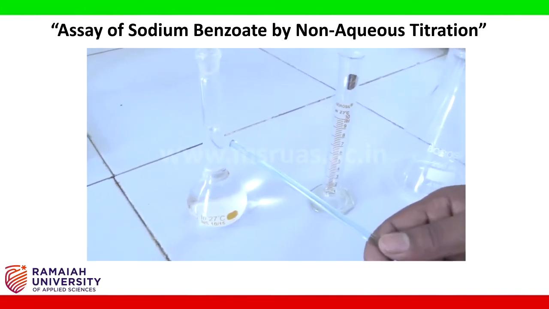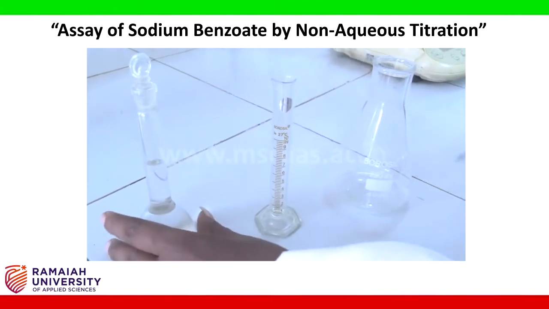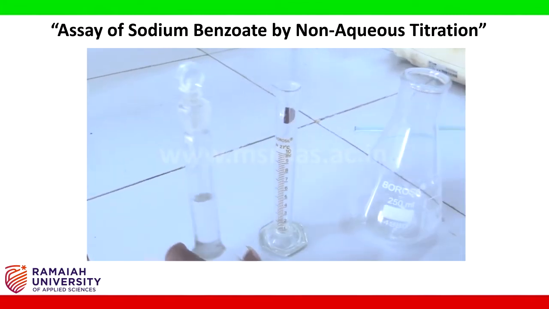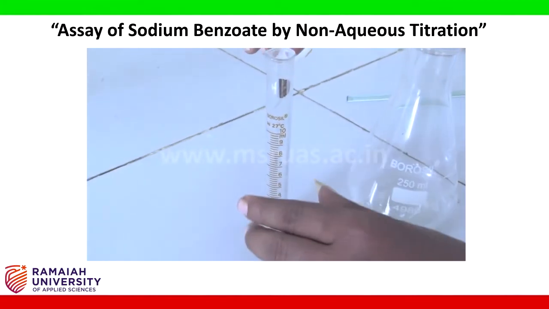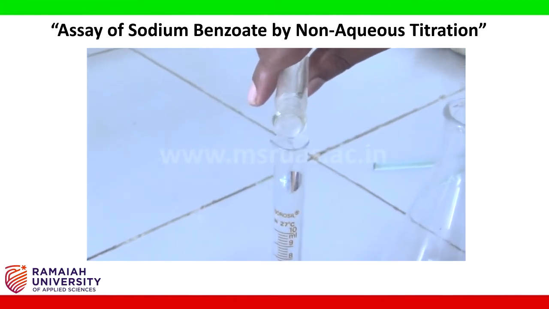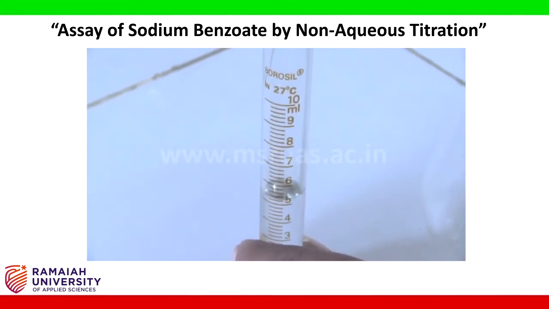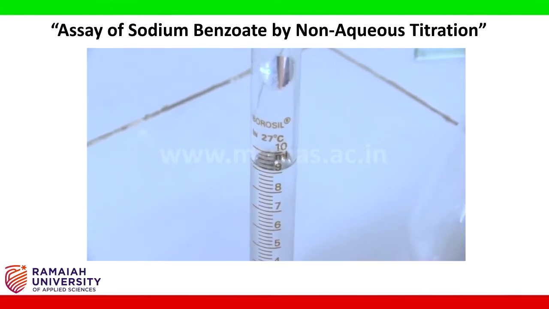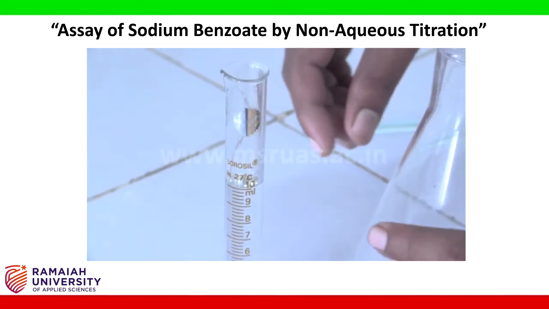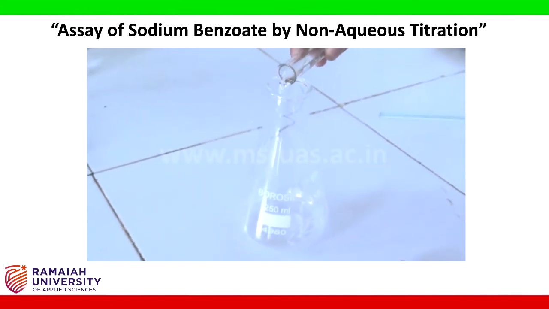After filling up to the mark, measure 10 ml of the solution using a measuring cylinder and transfer it into the conical flask.